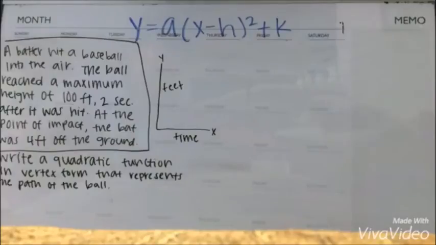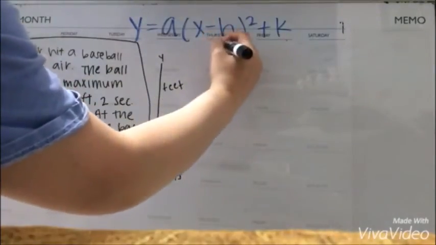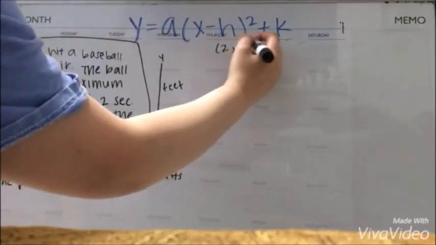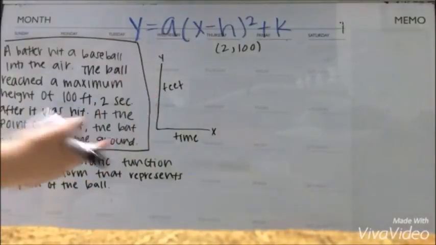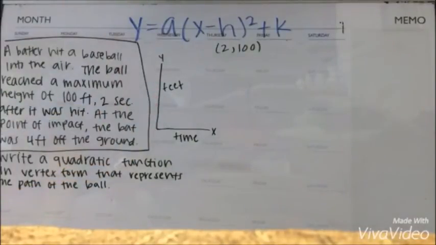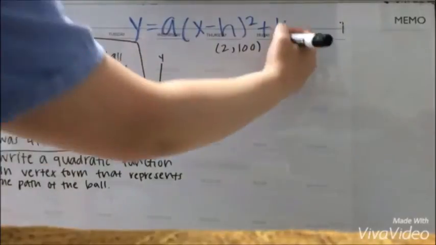If you look at our scenario, you can see that there are only 3 numbers here. And if you look at the graph, you can see that y equals feet and x equals time. So our vertex would be the maximum height of 100 at 2 seconds. And since time equals x, 2 would be x and 100 would be y for our vertex. So (2, 100) for our vertex. And our point would be (0, 4) because it would be 4 feet at 0 seconds, because you hit the ball at 0 seconds.